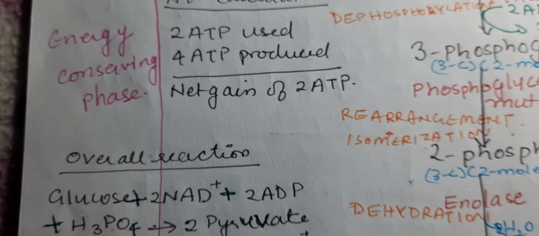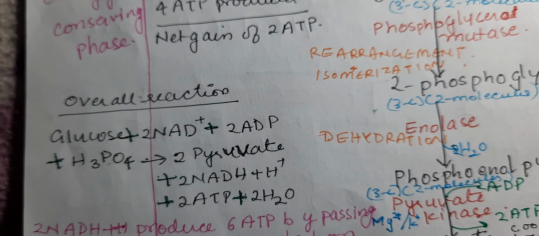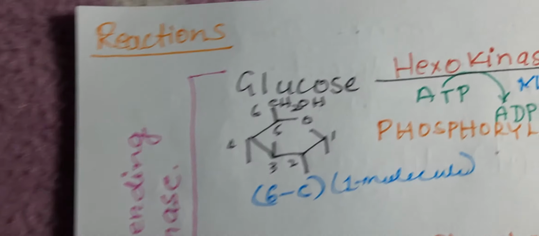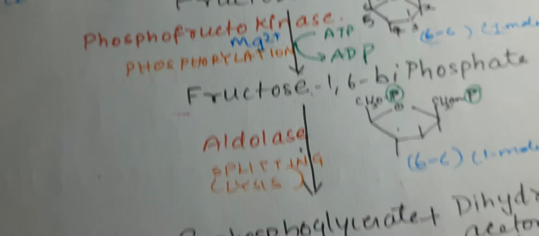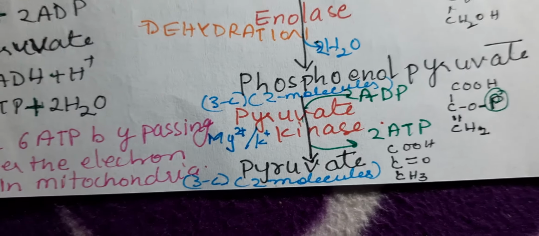So if I write the overall reaction, the glucose is converted into pyruvate. We started with the glucose and the last is the pyruvate.